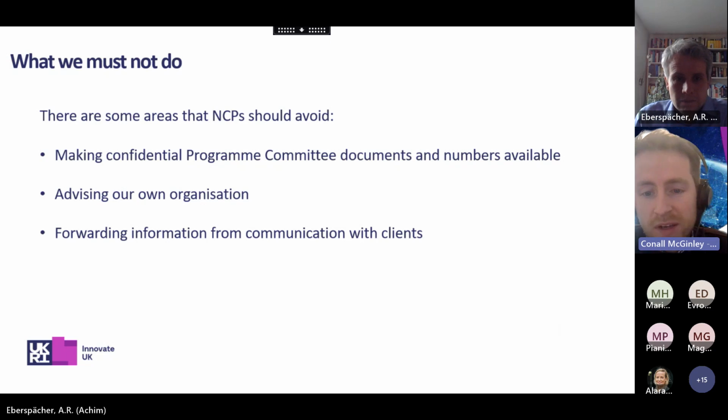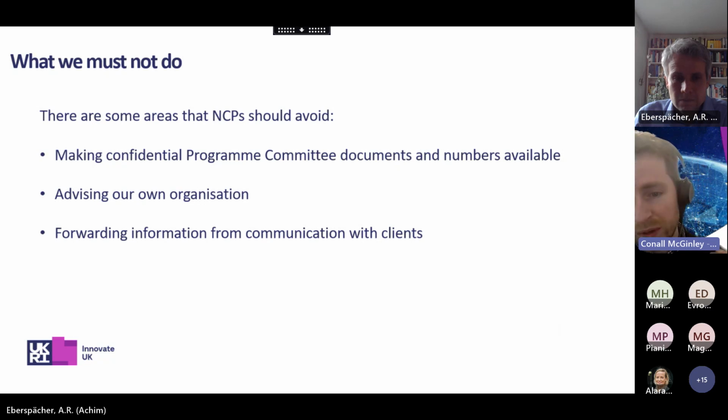So we've talked today about the areas that NCPs should be delivering, so support to clients, etc. There are also some areas that we should avoid. For example, for the national contact points that are active in programme committees, we do have guidance that precludes us from sharing confidential programme committee documents and figures, in order to not unfairly treat organizations.